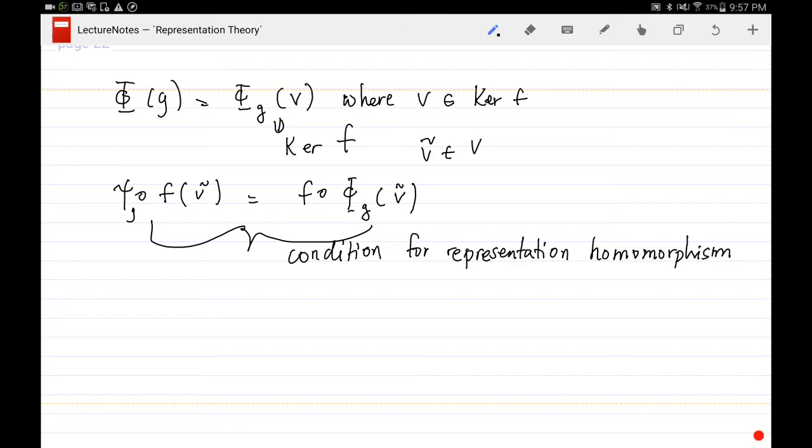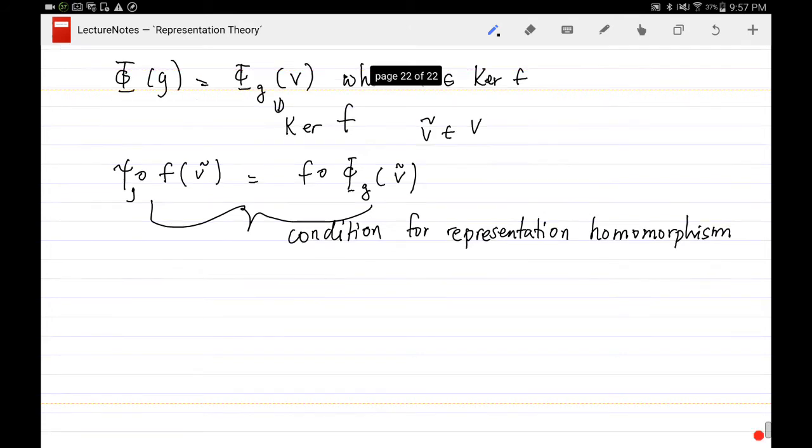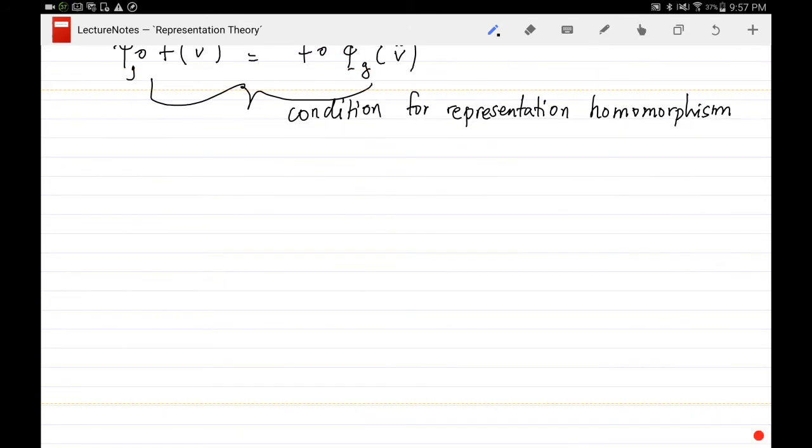So we want to use that. So how do we do that? Well, let's get psi. So this psi of G is an invertible linear operator, and it's going to act on this.